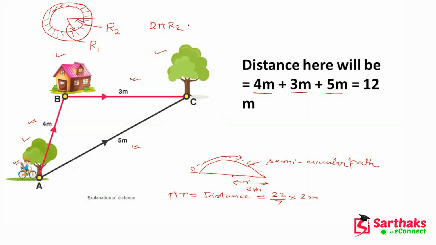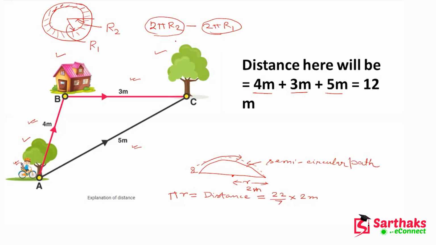This much is the distance of the outer part, and twice pi R1 is the distance of the inner part. So, you have crossed the difference between these two, right? This is the path you have followed. So, this is the distance covered.